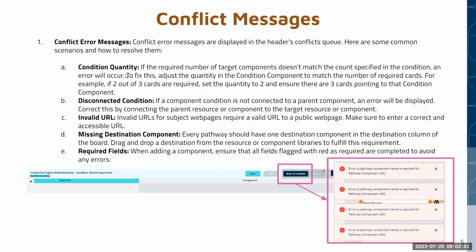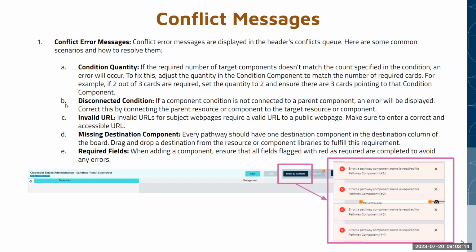That means if you have included a condition component and that component does not have a quantity that correlates to the number of cards that are connected to that condition, then you will need to correct the quantity in the condition. So if 2 out of 3 cards are required, for example, set the quantity to 2 and ensure that 3 cards are pointing to that condition component. So that's pretty easy to fix once you know what it means.